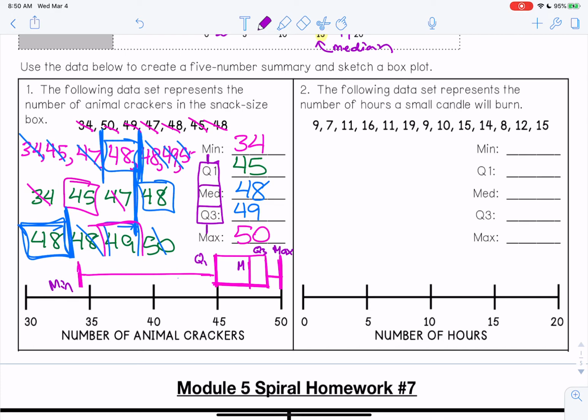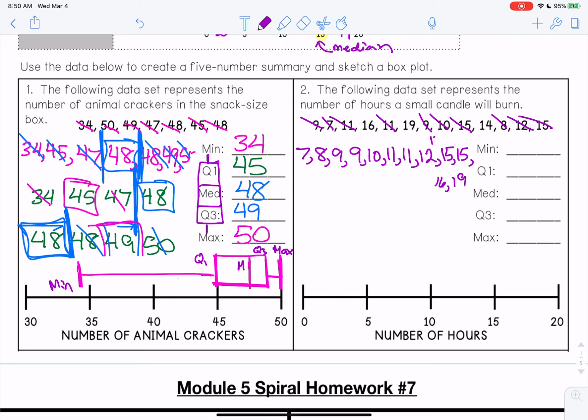Welcome back. Okay, so we have this set of data. If you were to put it from least to greatest, you would see that you have 7 first, then 8, and then the next ones are going to be 2 9s, and then 1 10, 2 11s, 1 12, 2 15s, a 16, and then a 19.